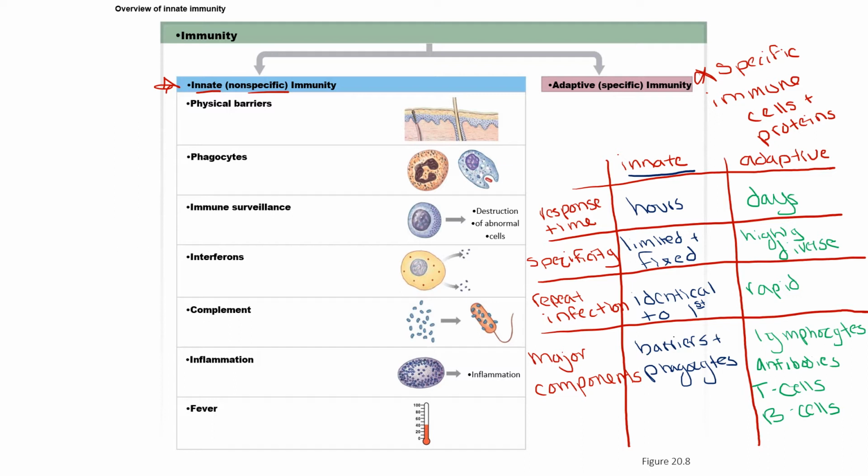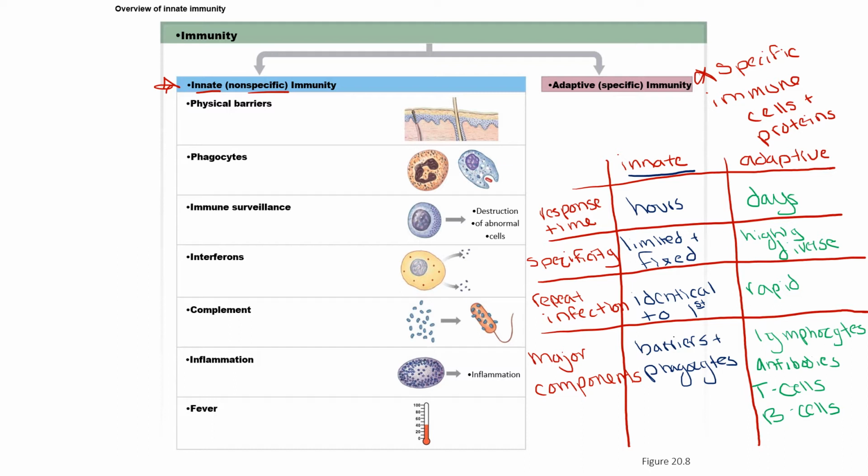It is able to respond much faster than it did the first time, kind of like it learned from the first time and is able to respond better. The major components of your innate immunity are barriers and phagocytes. The adaptive immunity includes lymphocytes, antibodies, T cells, and B cells.